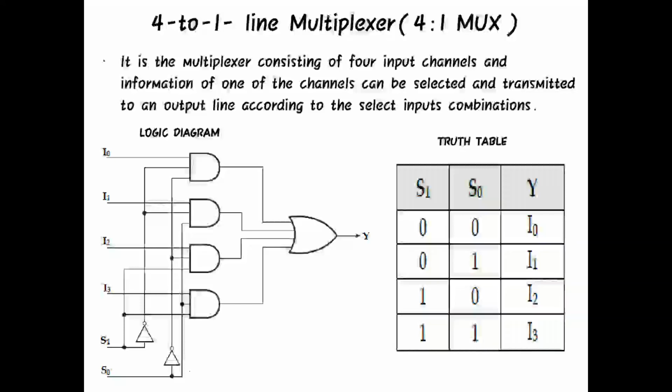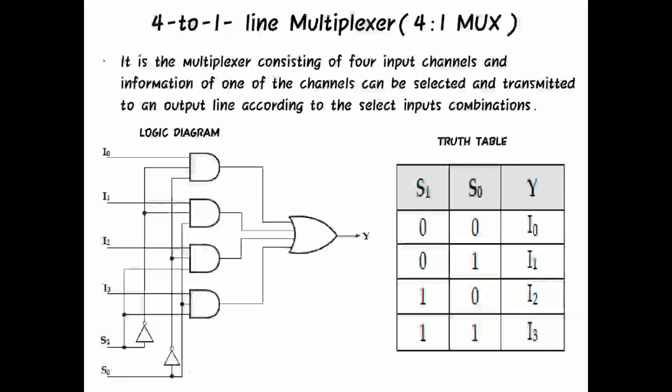As you can see in the logic diagram, we have 4 inputs, I0, I1, I2 and I3. How many select inputs? 2 select inputs. One is S1 with a NOT gate and S0 again with a NOT gate. So if I have 2 select inputs, S1 and S0, how many combinations will we get? 0 0, 0 1, 1 0 and 1 1.